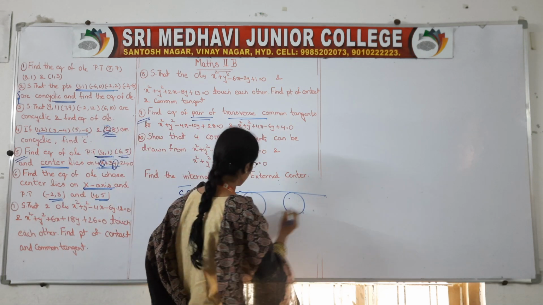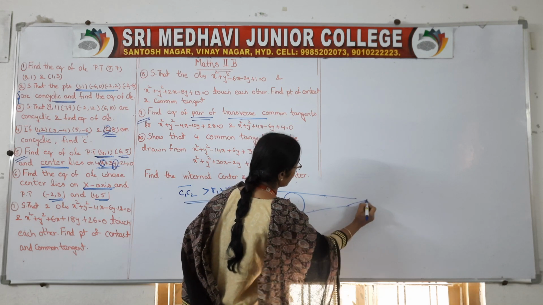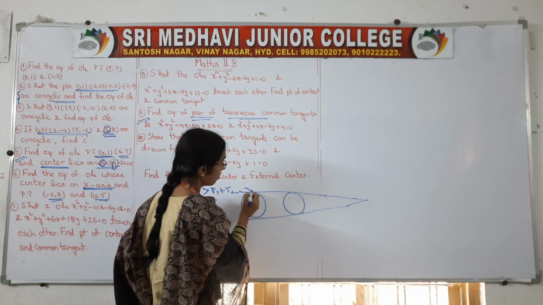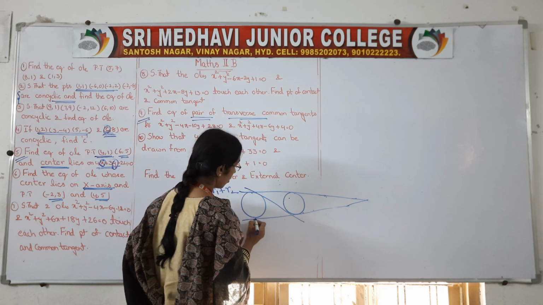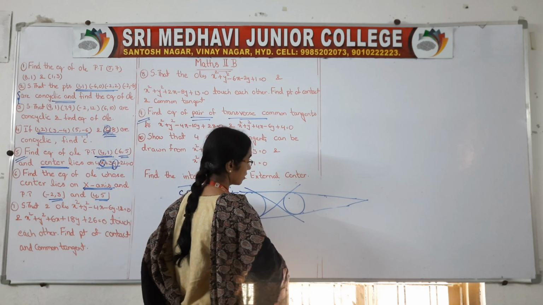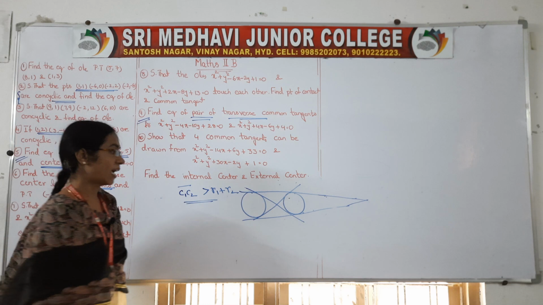One pair is called direct common tangents, right? They will intersect like this, right? Another pair will be transverse common tangents, right? One pair is direct common tangent, another pair is transverse common tangent.